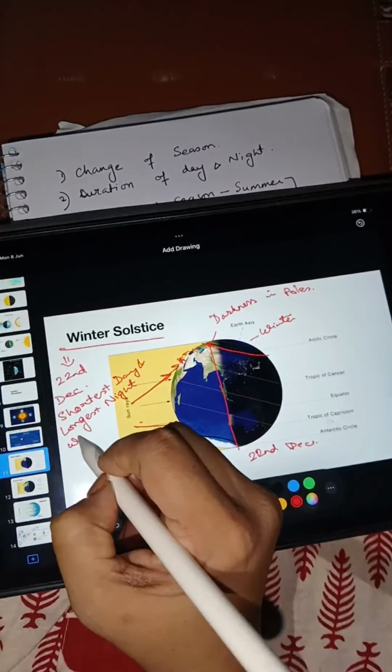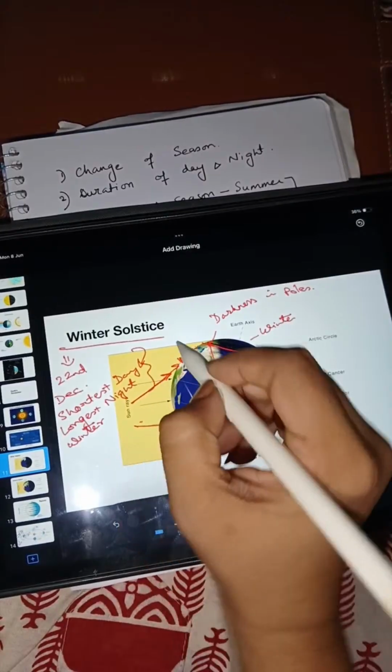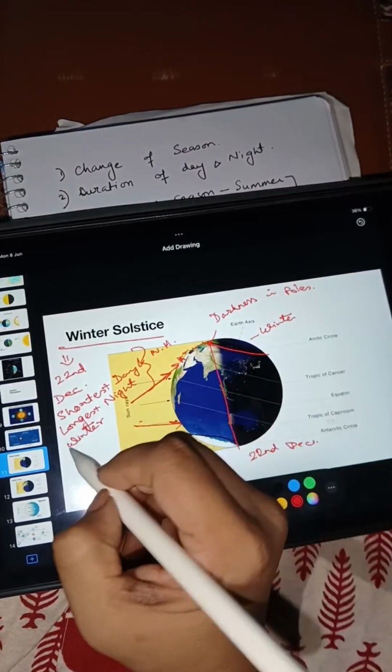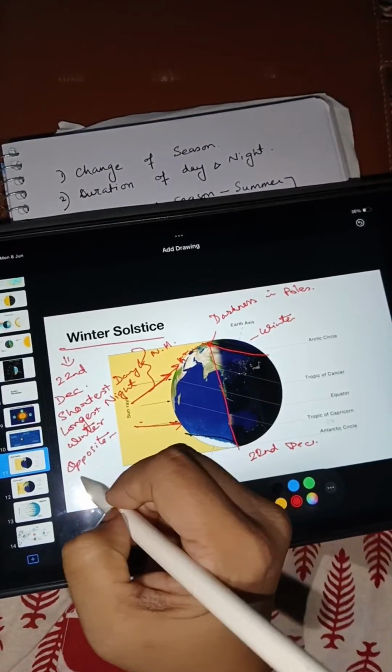We experience winter over here. So this is in the northern hemisphere, and the opposite happens in the southern hemisphere.